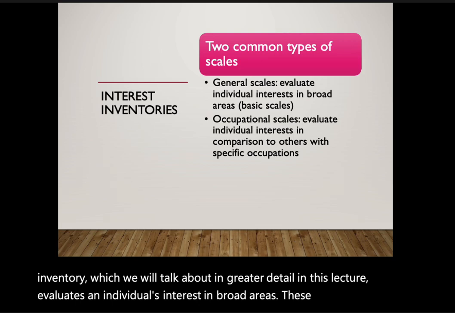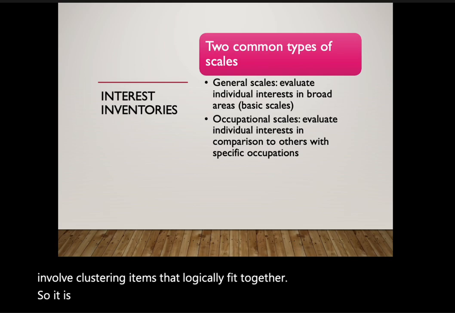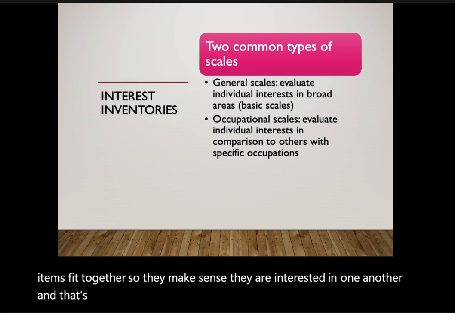These scales usually involve clustering items that logically fit together, so it is used through what we call the rational process. Logically, these items fit together, so they make sense. They are interested in one another, and that's why we've grouped them together.